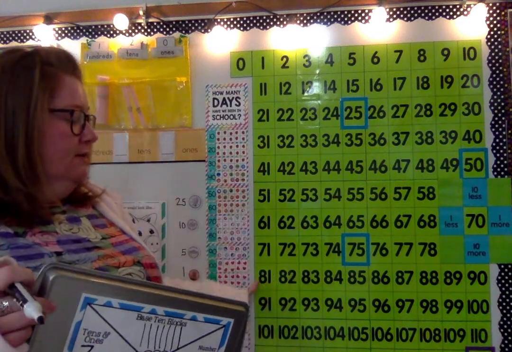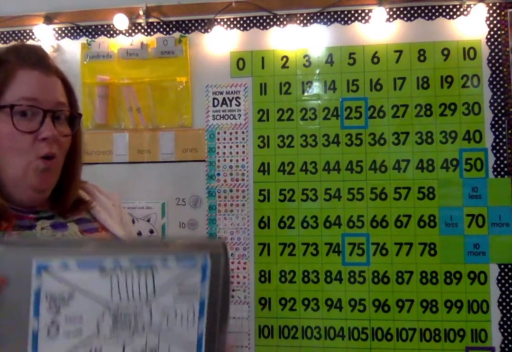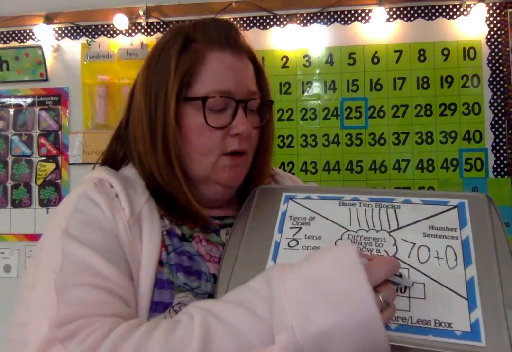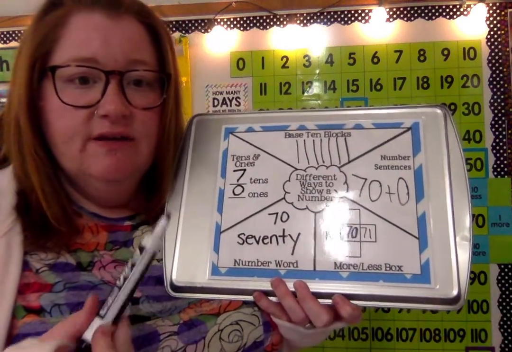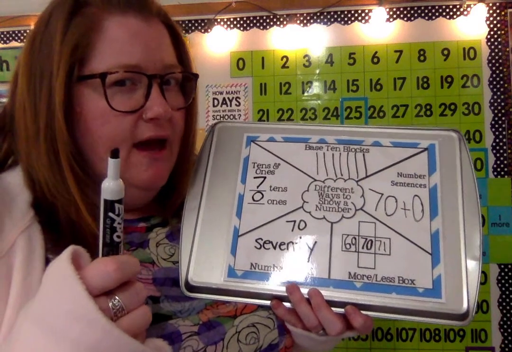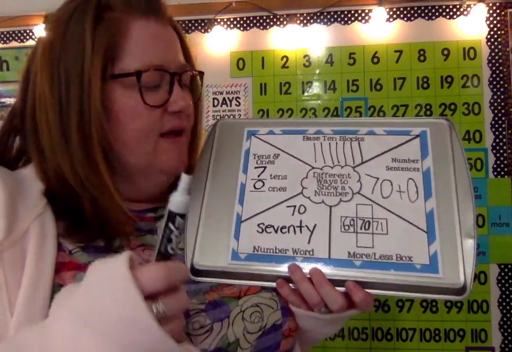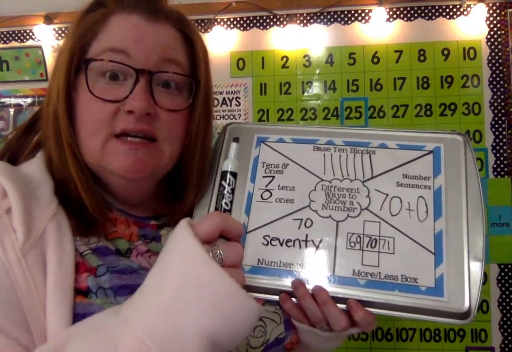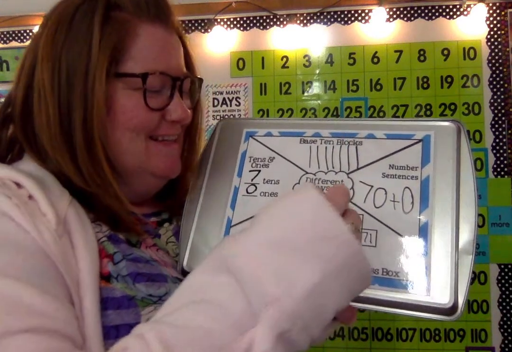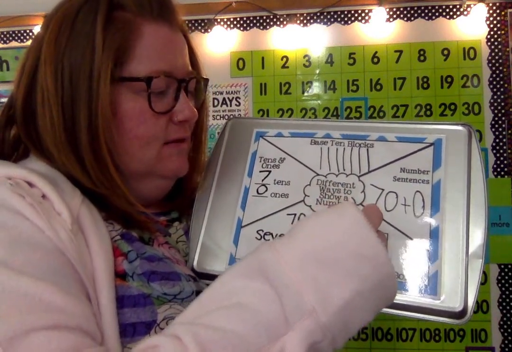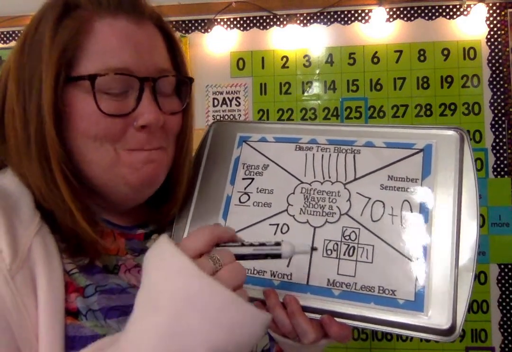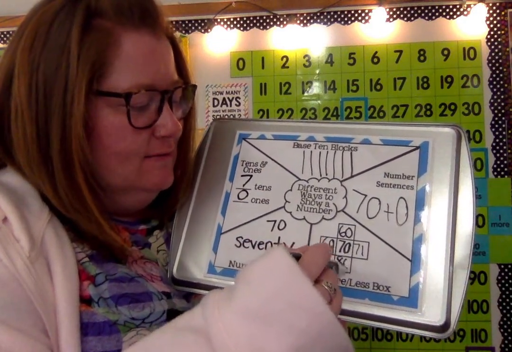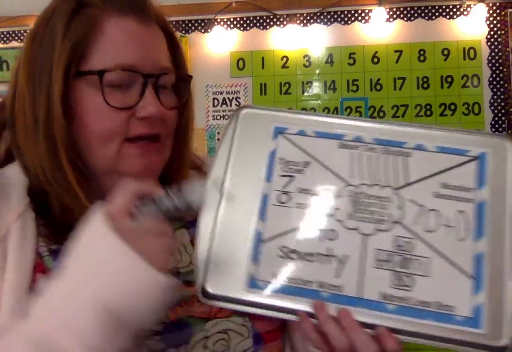We have to come all the way down here, right? 71 is one more. 69, 70, 71. Ooh, we're really good at counting on the decades. So if we have 70, 10 less is 60. What would 10 more than 70 be? 80. Good. 60, 70, 80.